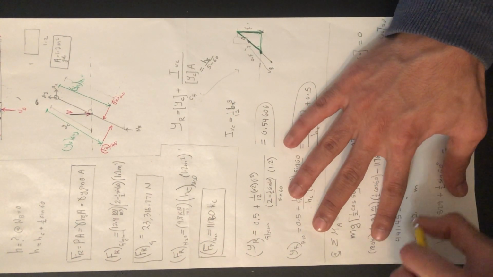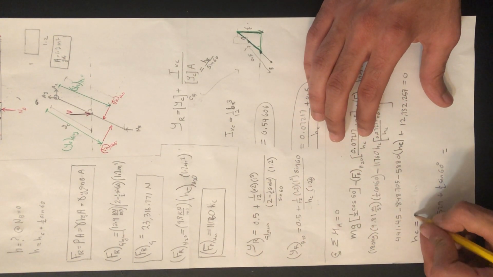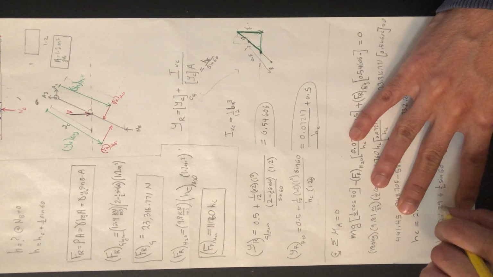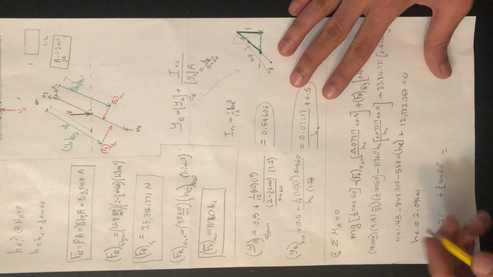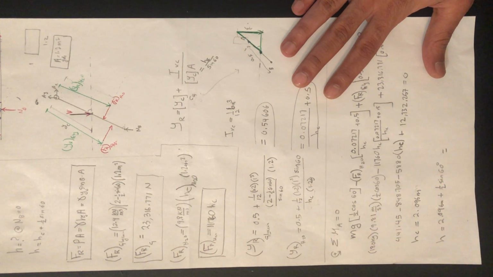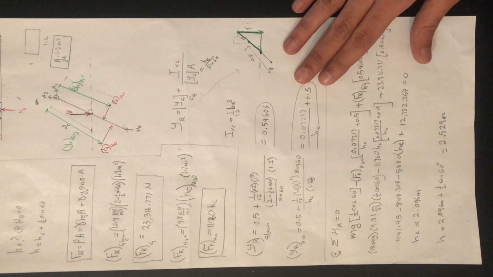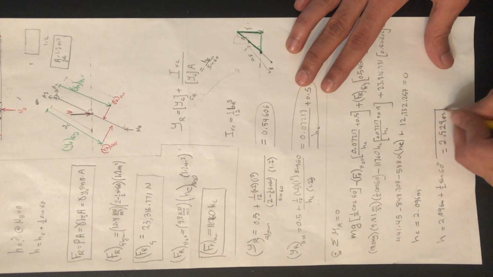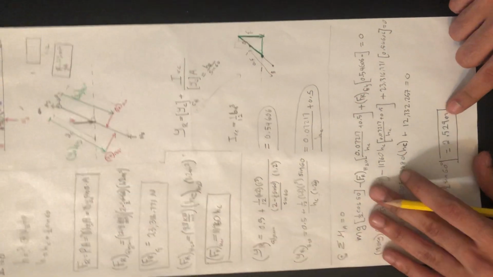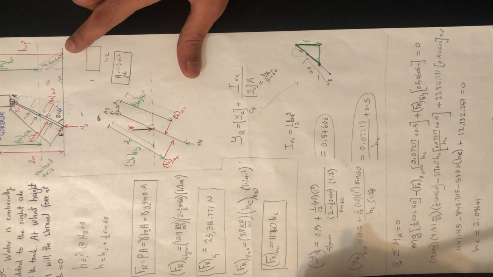I did the math earlier to not do it during the session. So this is 2.096 meters. Sorry about that. And our final answer is 2.529 meters. This is our height h measured from the free surface to the bottom surface.